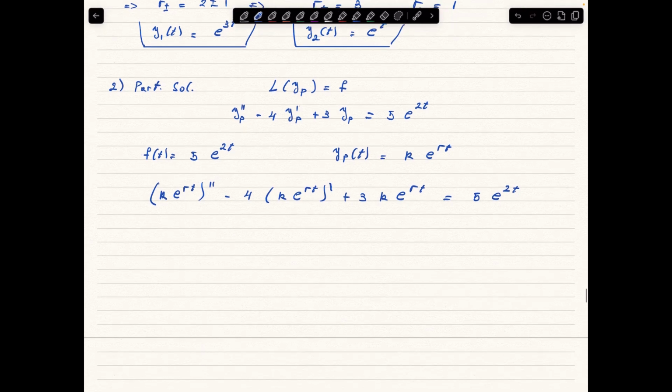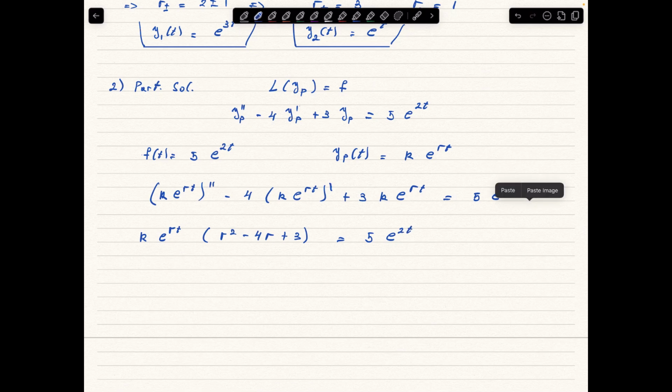Okay, we compute the derivatives, and we can pull common factor after the derivatives drop an r, 2r, so r squared, and then we can pull common factor k exponential rt, and we are going to have here r squared minus 4r plus 3, and then this has to be 5 exponential 2t.